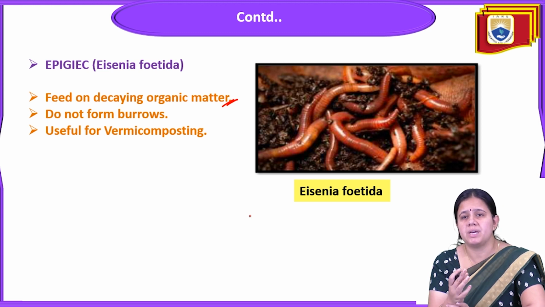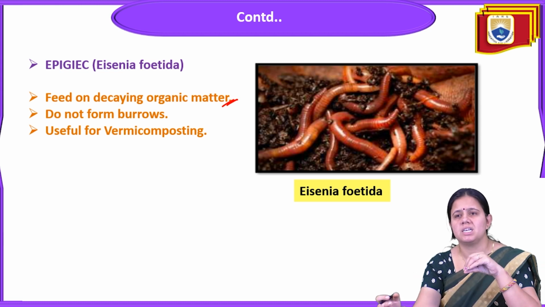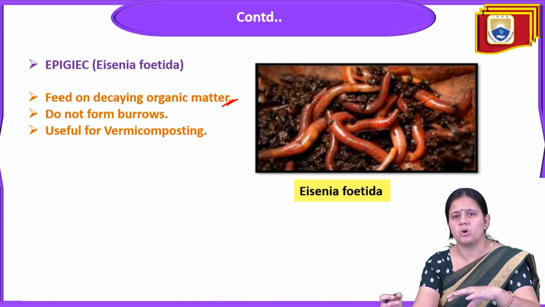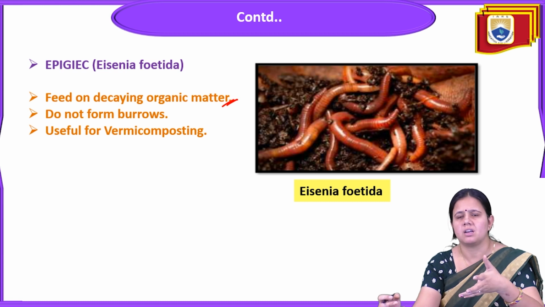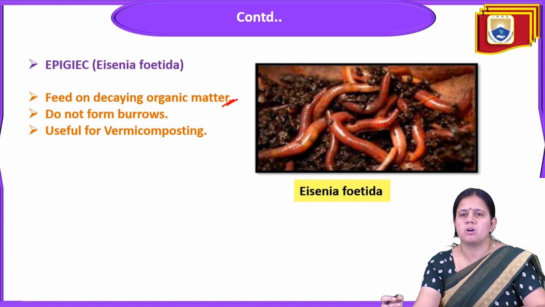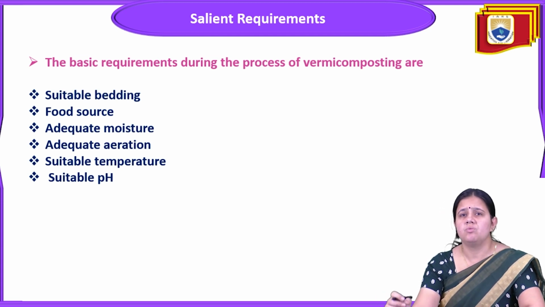It works best on organic matter that is already decayed, already unused and rotten. It does not form burrows, so it will not form a hollow; it degrades the decaying organic waste. This is very useful for the vermicomposting process, and it can work in all seasons. Then we'll discuss the requirements for the process of vermicomposting.